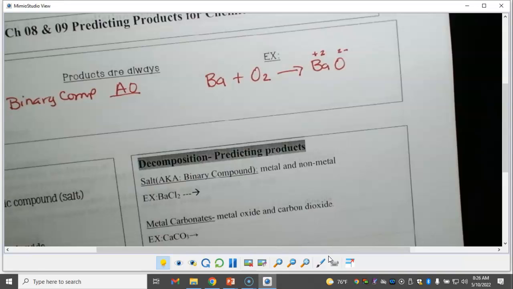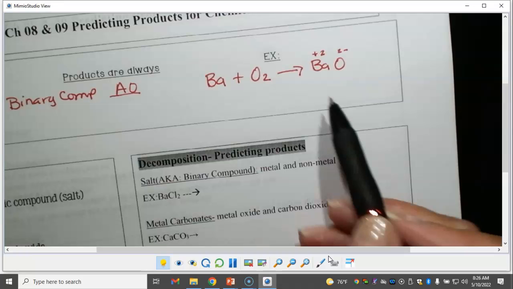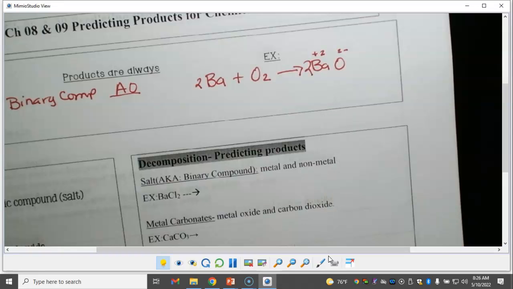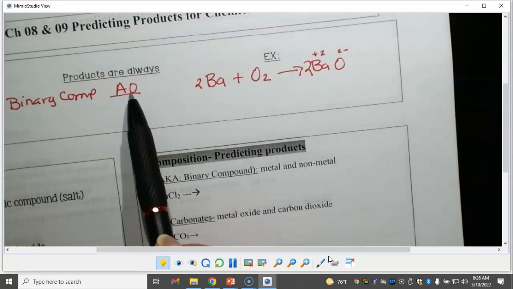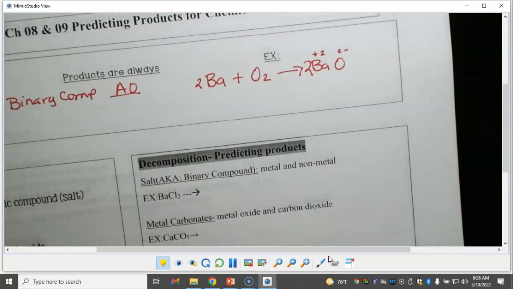And then you might have to go back and balance it. So to balance this, where would I put coefficients? Do I need a coefficient here, in front of the barium? Very good. So if it is a combustion reaction, you take the two elements, you put them together to make your binary compound, check your oxidation numbers, and then balance if necessary.